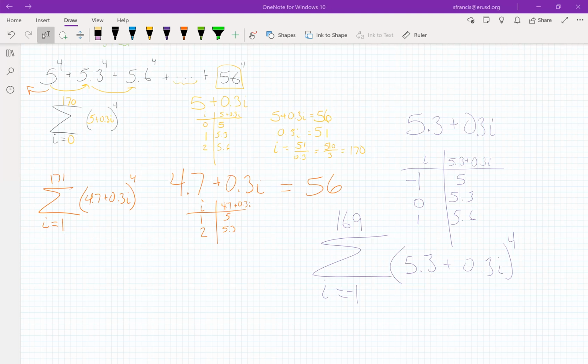Valeria, you have i in your expression instead of n, or you have n in your index instead of i. Those need to match. Ariana, your first term would be 2.5 cubed, not 1.5 cubed.